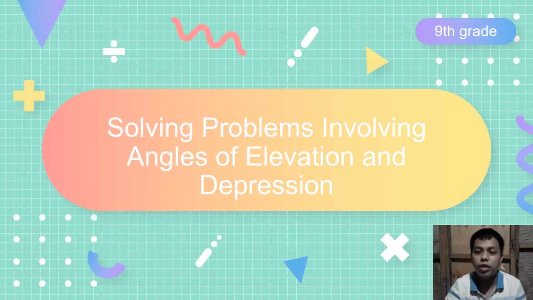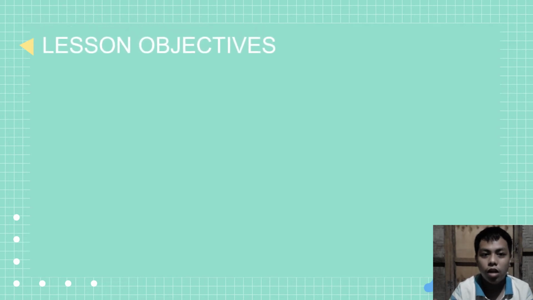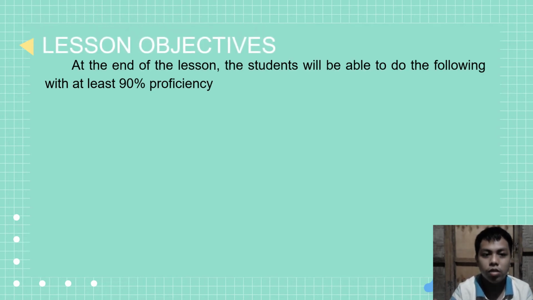Since we are done with the activity, now let us proceed to our new topic. Our new topic is solving problems involving angles of elevation and depression. Our lesson objectives. At the end of the lesson, the students will be able to do the following with at least 90% proficiency.